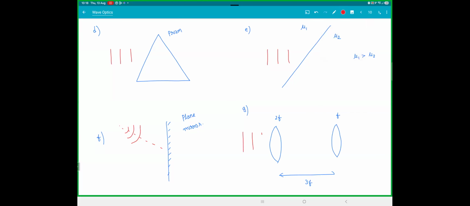And if you send plane wavefronts through this, what will happen? Get these 4 questions. That's mostly ray optics questions, basically, but you're just calling it wavefronts now. Get them all. I'll give you a minute or two.